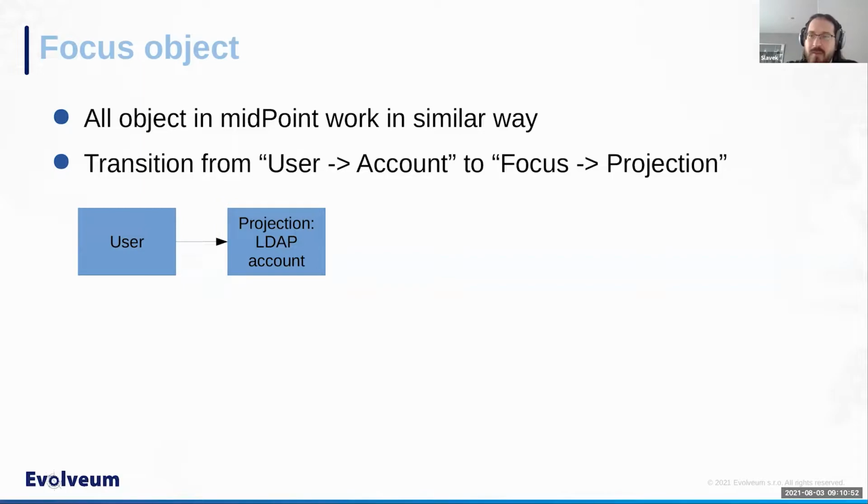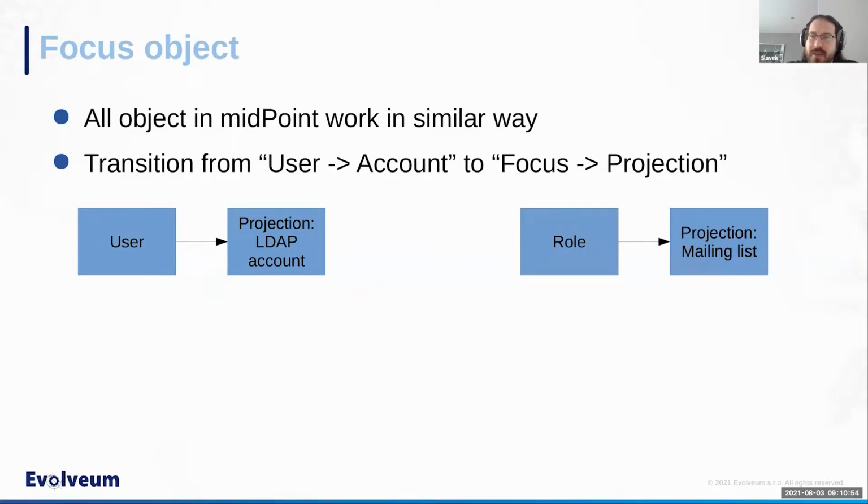But extending the concept, we can work in a similar way with roles. So instead of a user as the focus object that I want to project somewhere, I can use a role. And the projection, of course, won't be an account, but for example, it can be a mailing list or mail server. So I can create a mapping which will transform roles into mailing lists, in a similar way as I can transform users into LDAP accounts.